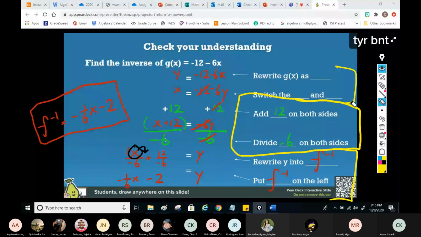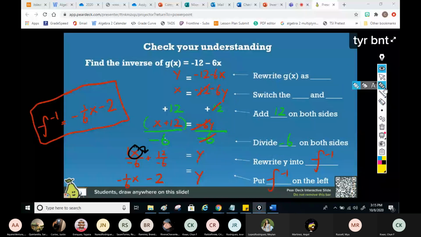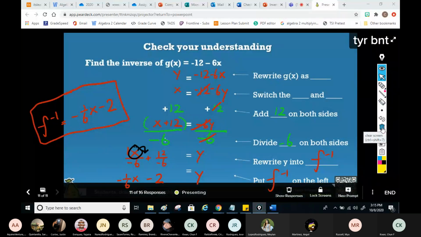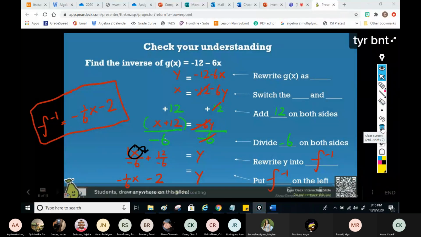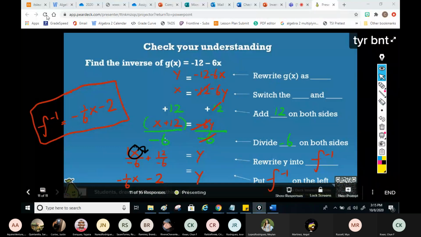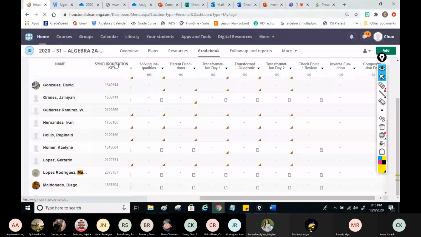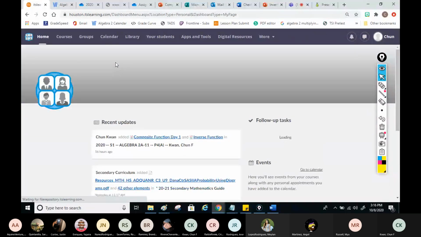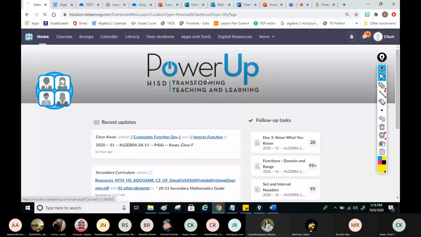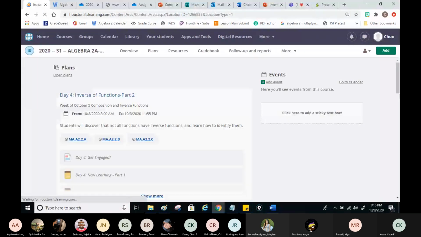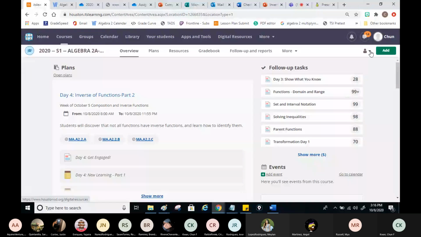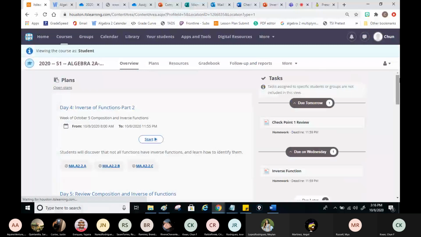All right, so I want you guys to do your homework at home. I'll show you where you can get the homework. So once you get into the hub, go to Algebra 2. Go to courses, Algebra 2, and then after that, you will go to plans, go to plans, and then go to the week of October 5th.